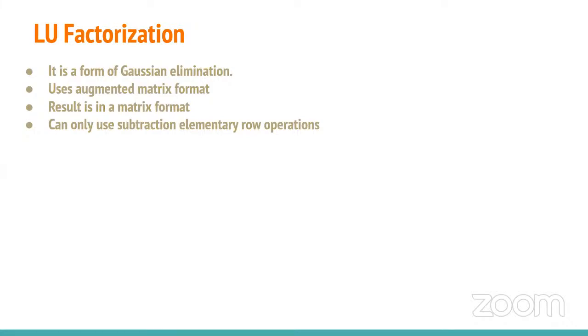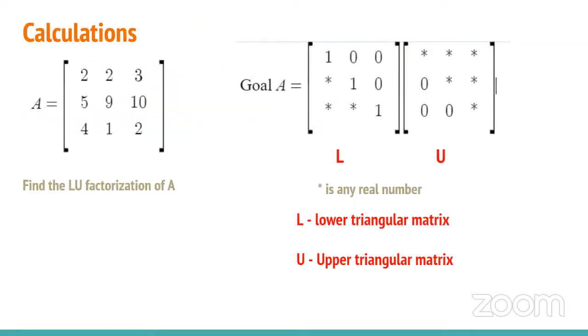Second, LU factorization is a product of two matrices, the matrix L and the matrix U. I will explain that later. In this one, we can only use the subtraction elementary operation. We can't use plus, multiplication, division, or swapping an entire row completely. I will explain that better.